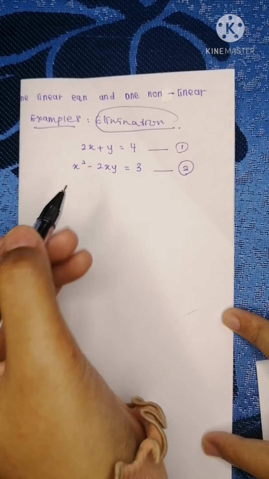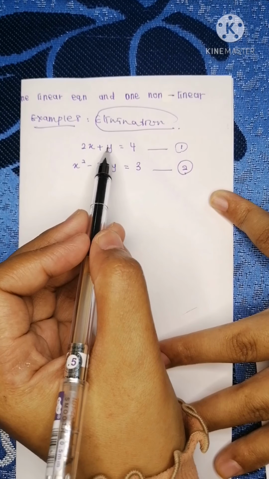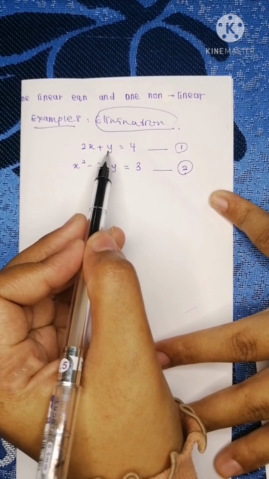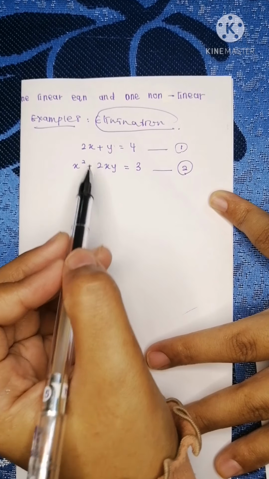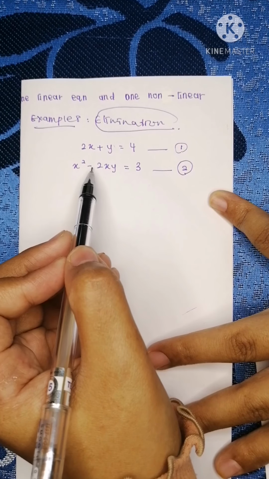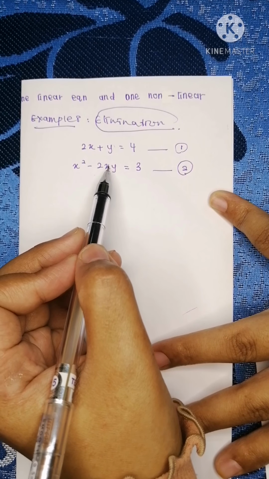Okay, now look at here. From equation 1, there is a single y, and for equation 2 there is negative 2xy, right? This is already negative, so this is 2xy.